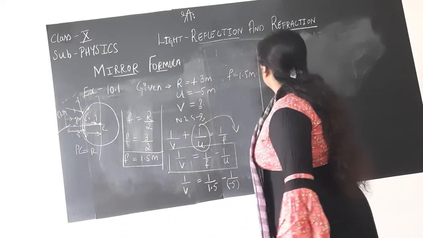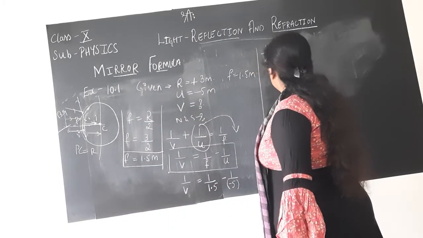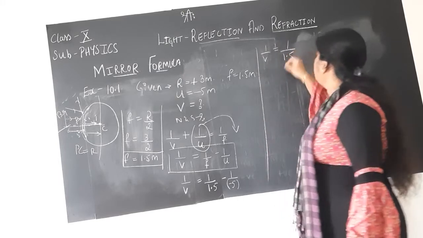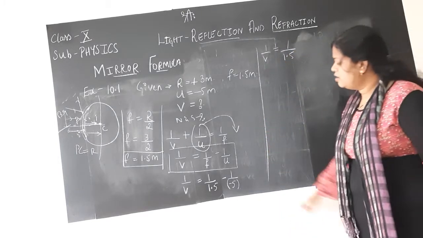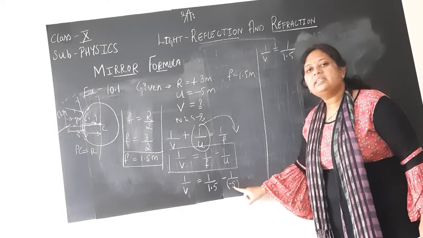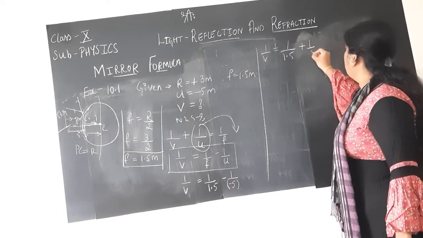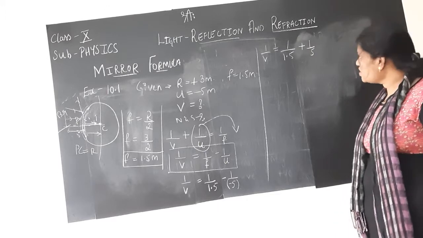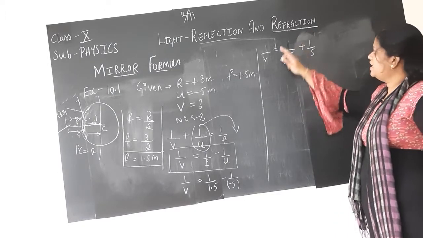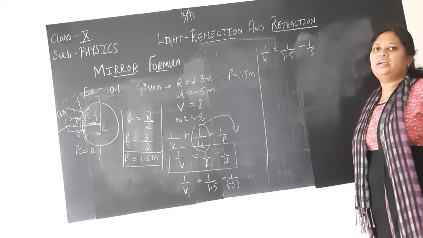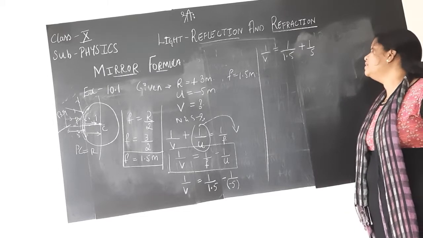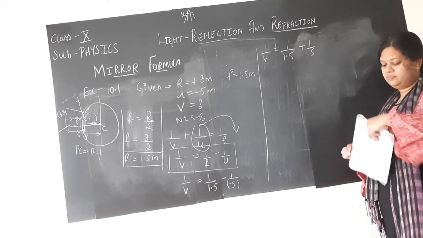Next step. 1 by v is equal to 1 by 1.5, I will keep as it is for the time being. What I do is multiply the signs here. Minus into minus will be plus 1 by 5. Now you cannot add them directly since the denominators are different. So we should take the LCM.